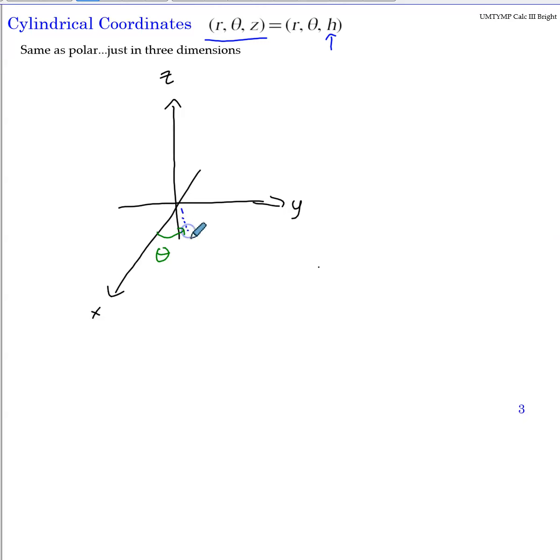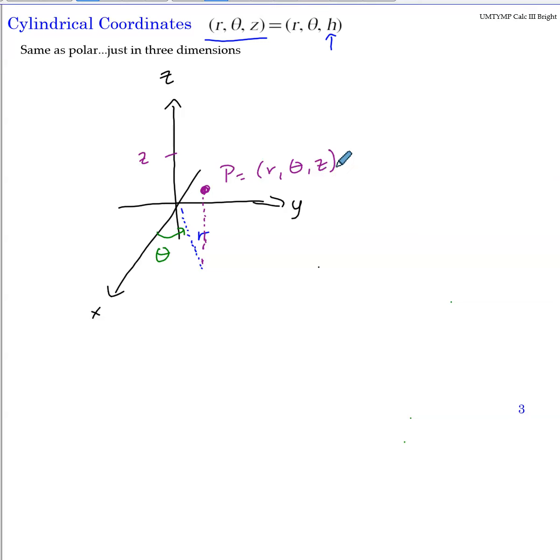I'm just going to do this in a dotted line, so that's r, and then we're going to go up in our z direction some distance, and that's going to be our point P. So this is some r, some theta, and some z. And we'll close that.